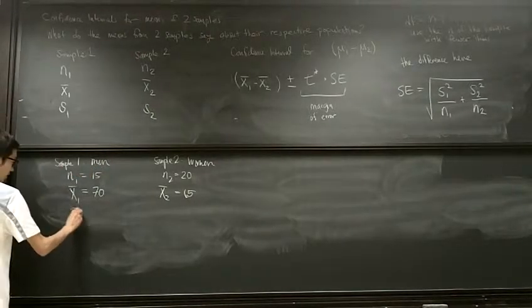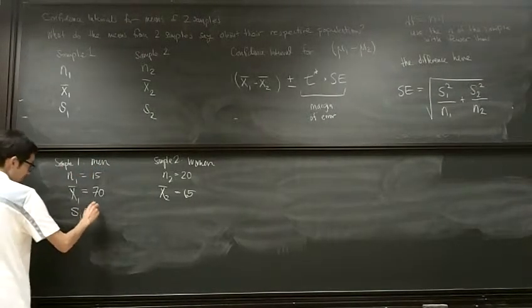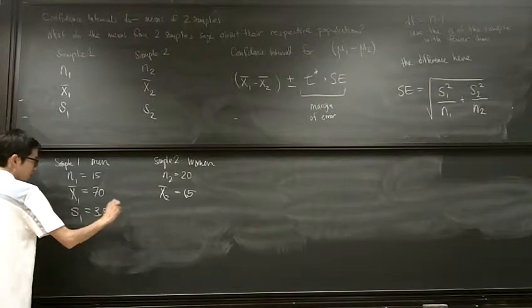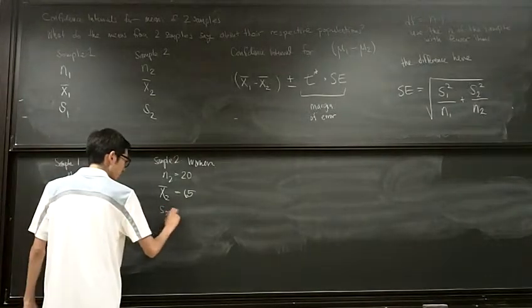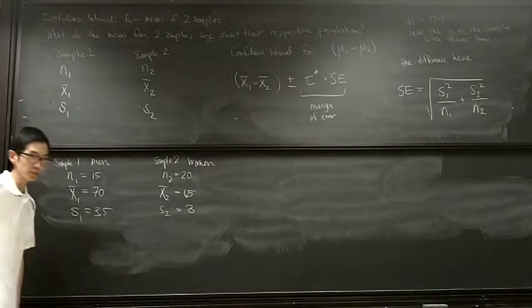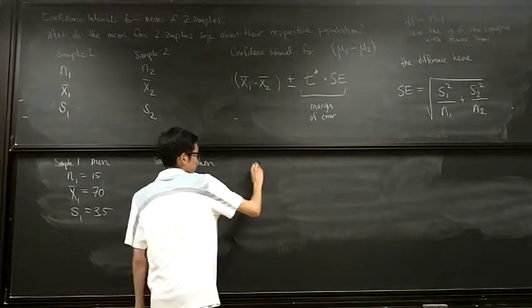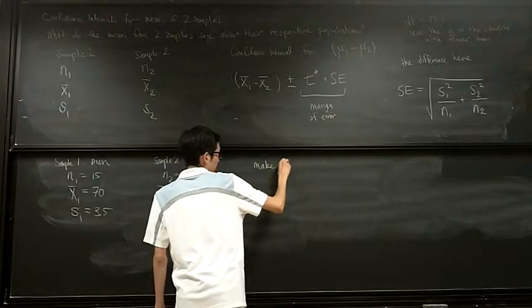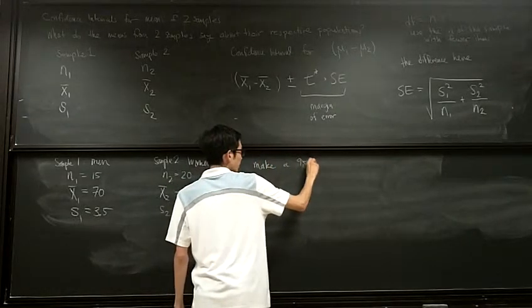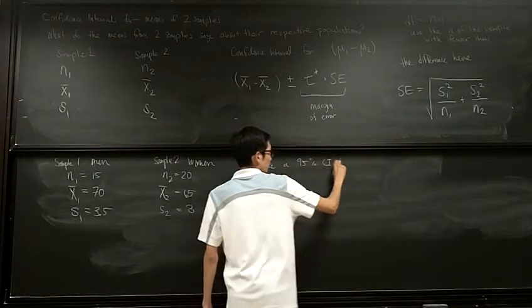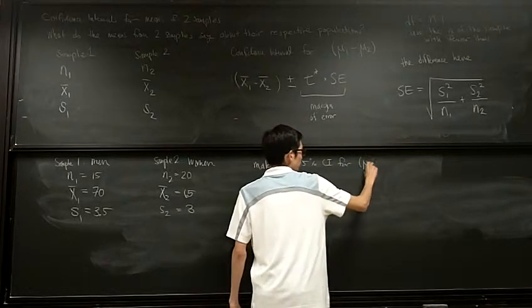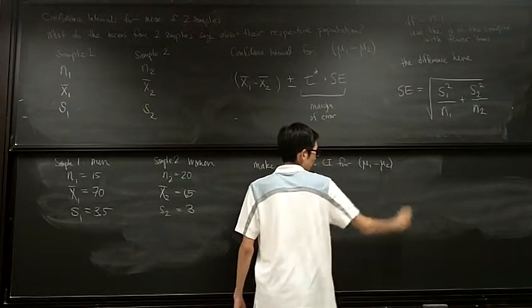Let's say the standard deviation of group 1 was 3.5 inches, and the standard deviation of group 2 was 3 inches. Make a 95% confidence interval for mu1 minus mu2.